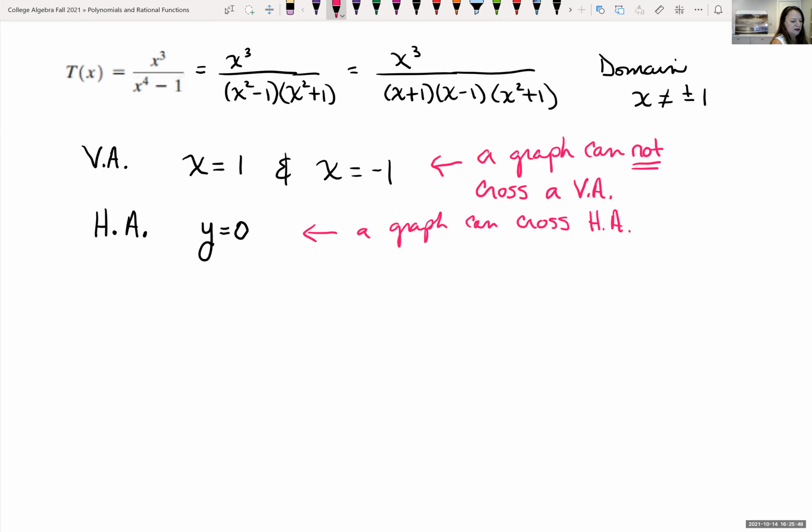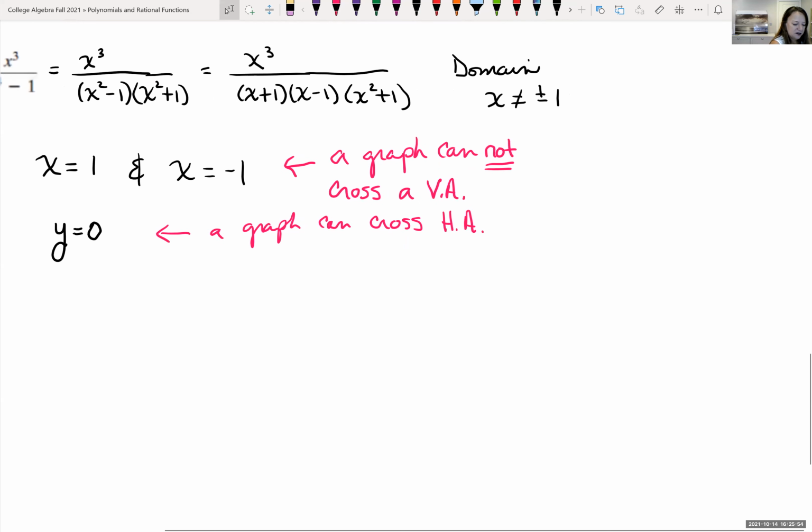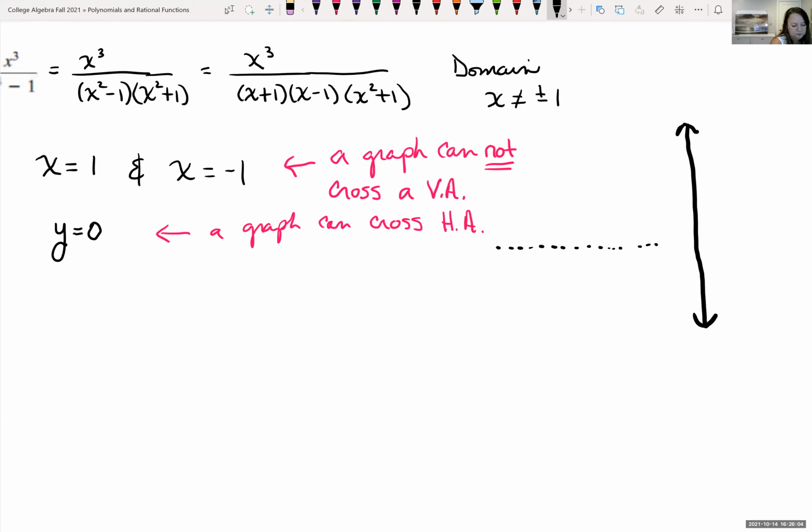Okay, so let's put what we have so far, which are just our asymptotes. So again, we denote those with a dotted line. So our x-axis, let's just make it a dotted line for now.